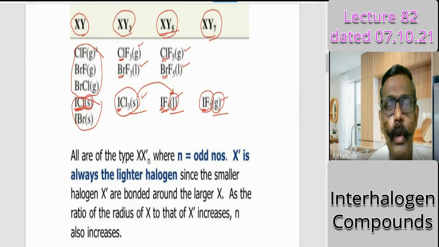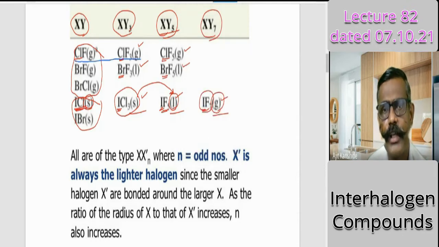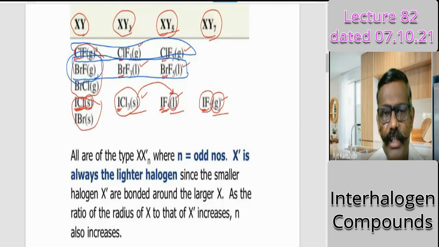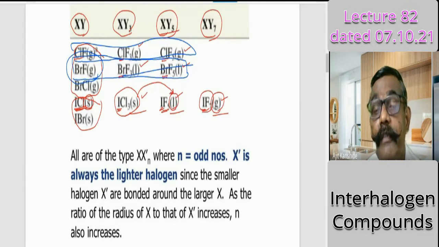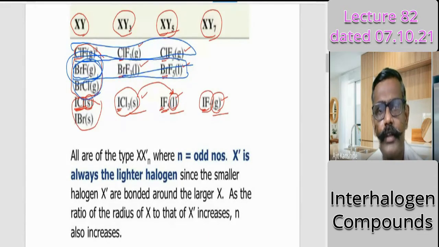About the chlorine central atom, there is no question at all because all are gaseous in nature here. About bromine, if you pay attention, you will find one difference. BrF is gaseous in nature, but the others are liquid in nature. So you can consider BrF, or BrCl, as one kind of exception.